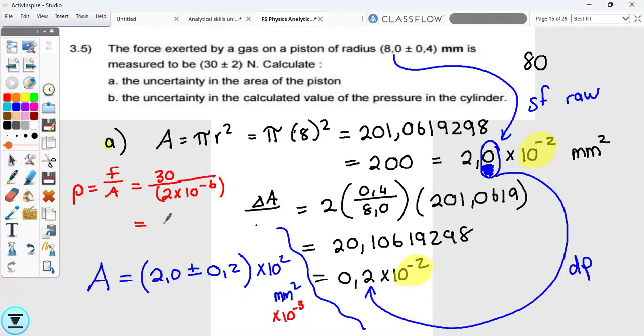So this is going to give us an answer of 1 comma 5 times 10 to the power of, I've got no idea. I should. Minus 5. Am I right?